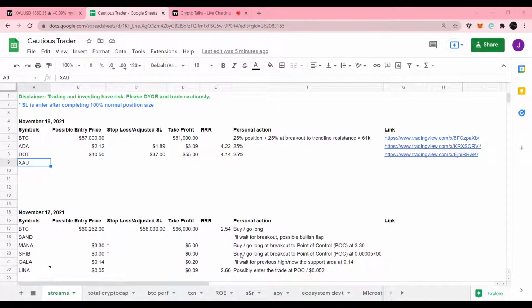So, I might possibly go long. 1859. 1859. Bagal lang. TP is 2075 and a breakout to 2,200, right? 2,200.